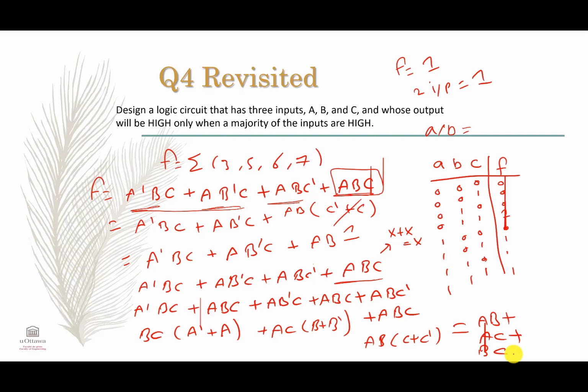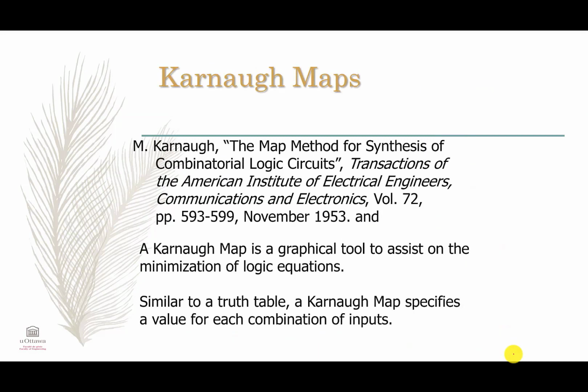However, the key point that I'm trying to reach here is: is there any other effective way to simplify the function without the hassle of remembering all the theorems and postulates? The answer is absolutely yes. That effective tool is called Karnaugh maps.